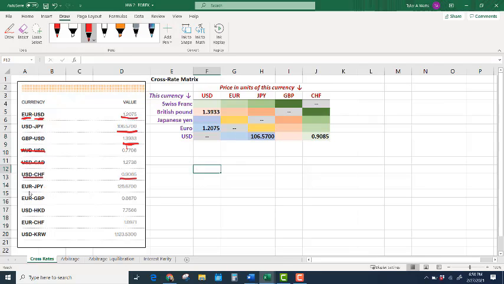All right. The euro priced in Japanese yen, it's 128.67 yen for a euro. The euro priced in yen, 128.67. The euro priced in British pounds, 0.8670 pounds per euro, 0.8670. Okay, this is Hong Kong dollar.